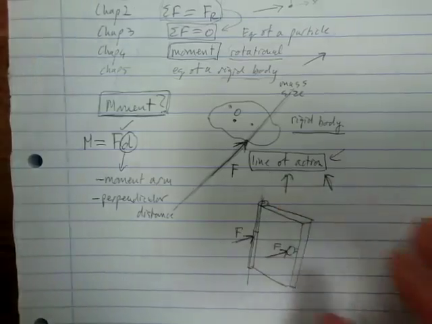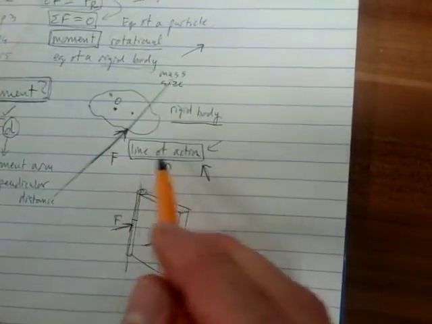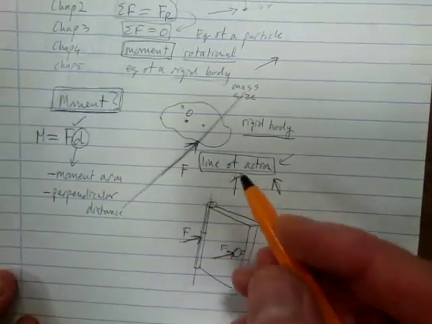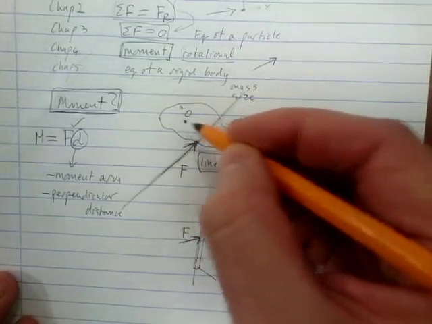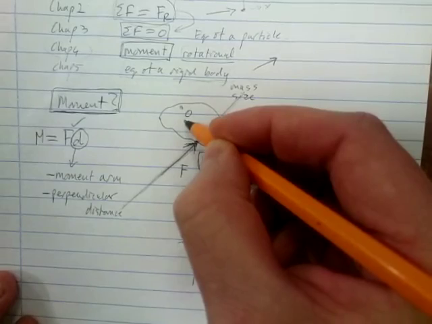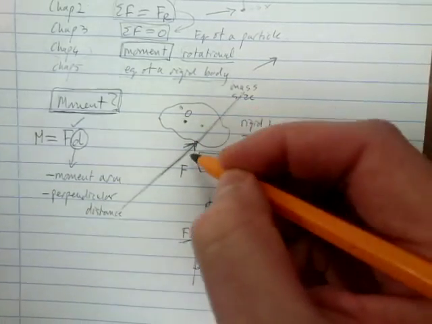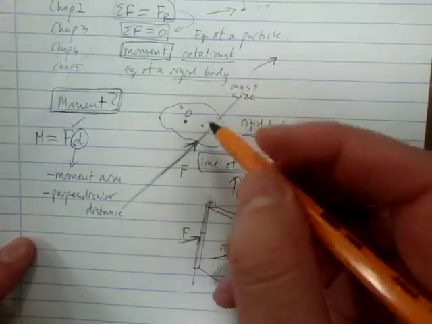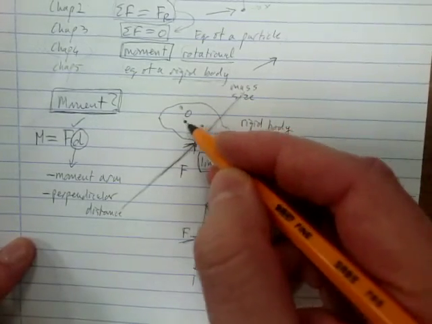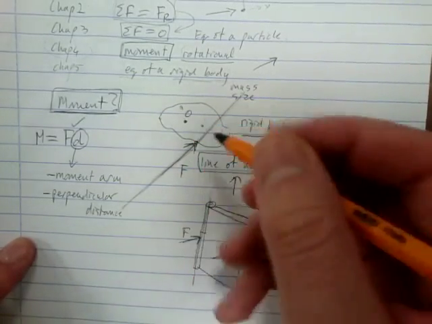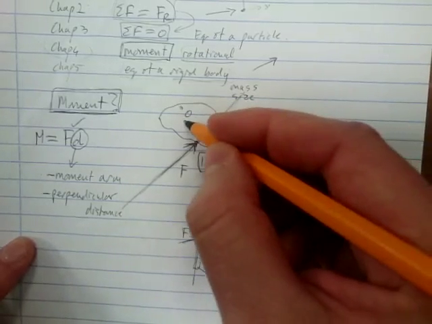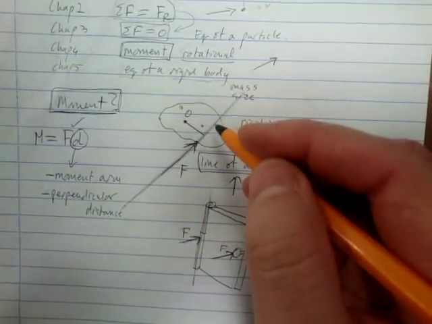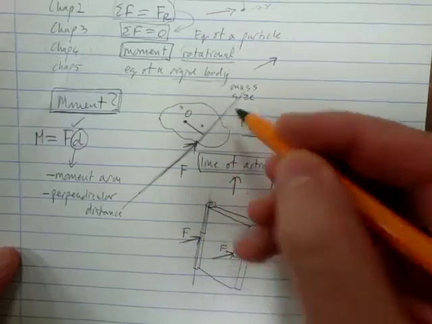It means, and that is why, guys, I'm emphasizing this matter of the line of action, that the perpendicular distance or the moment arm is the distance from the point of rotation, this point O. We want to see what is the moment about point O, what is the rotational effect that this force causes on this body about point O. We put our pen on the point O and we draw a perpendicular line from the point of rotation to, listen to this, the line of action.